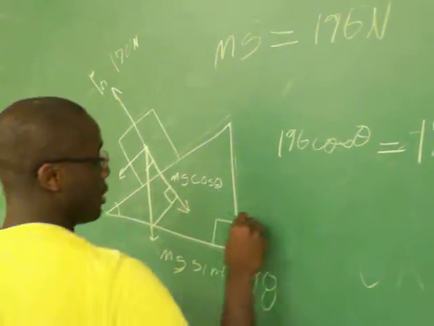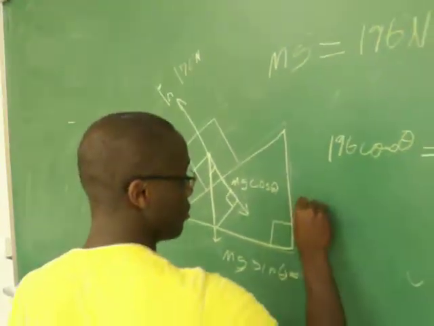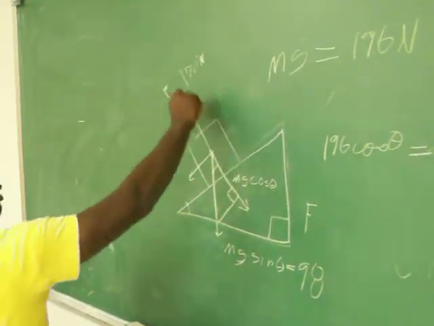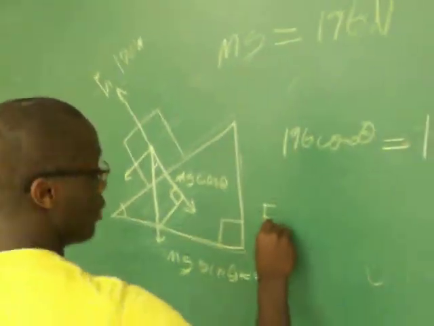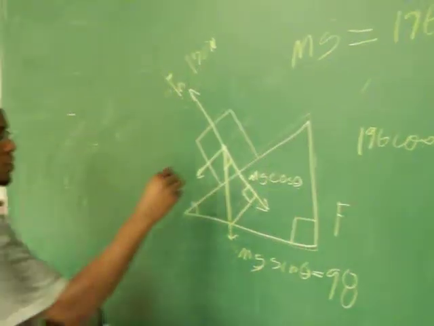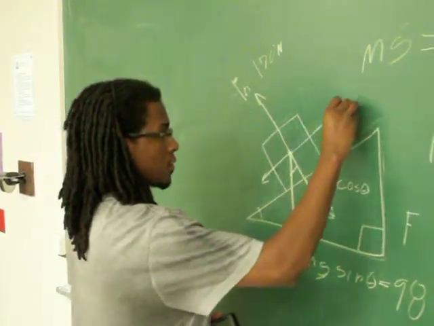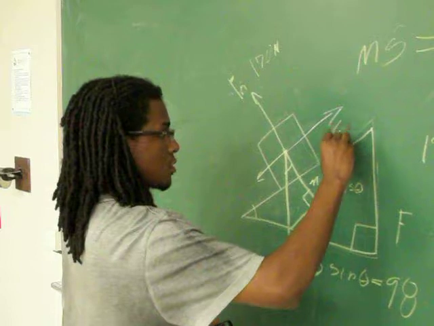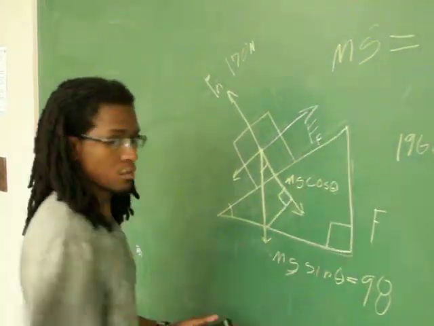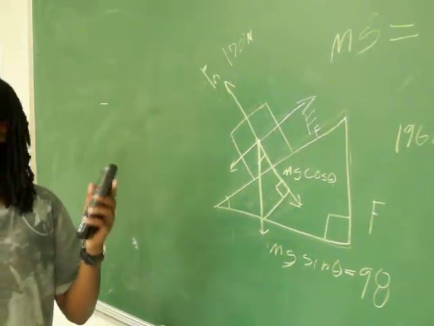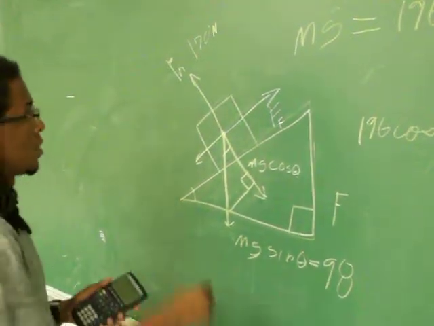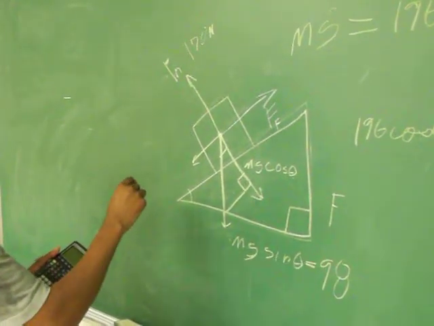This is the force of gravity in the y direction, and this is all in proportion to the surface. We make this y and this x. Since they're equal, they cancel each other out, meaning it will not move. But you forgot to also include your frictional force right there, sorry about that.